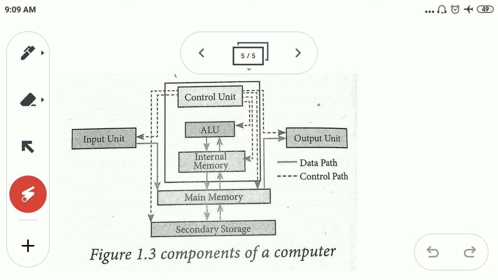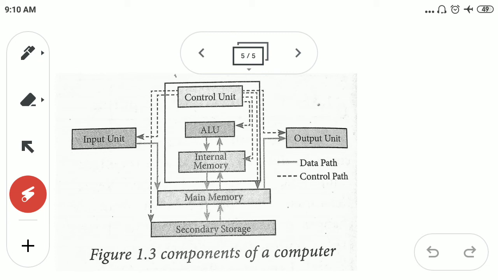This input is gathered and stored in the main memory or even in the secondary memory based upon the requirements. Then the ALU accesses this information to do some calculation or process, and after that it is written back to the main memory to store the result.